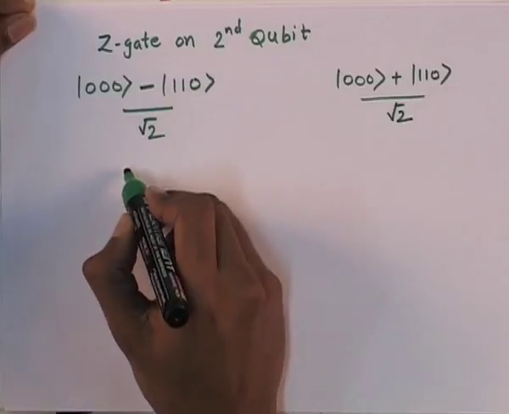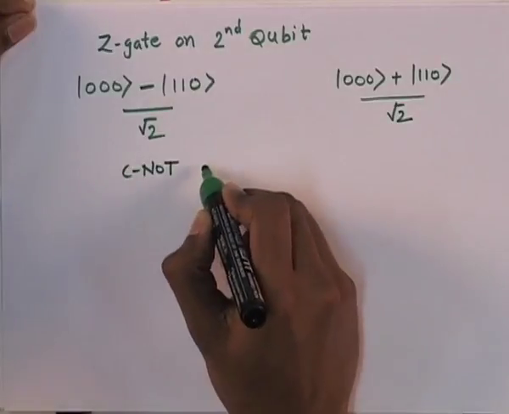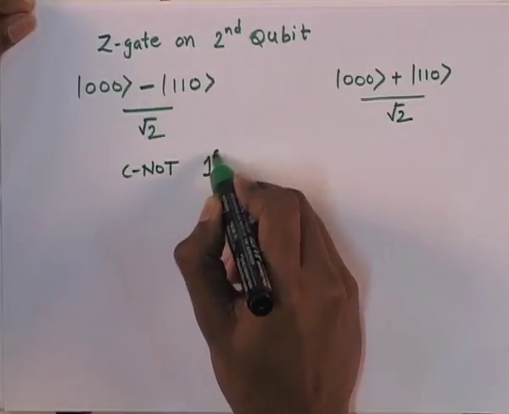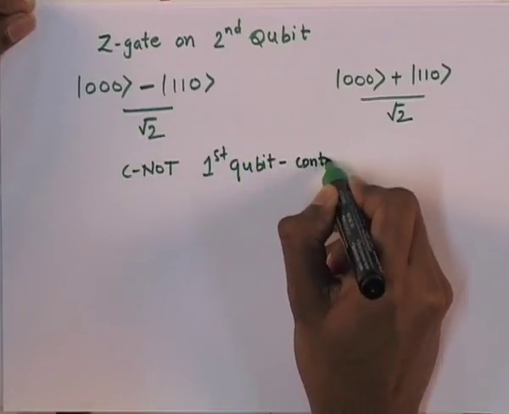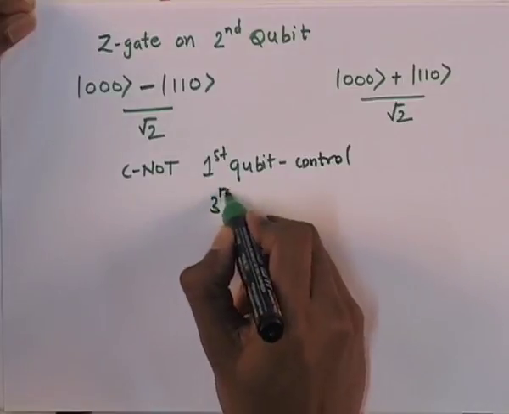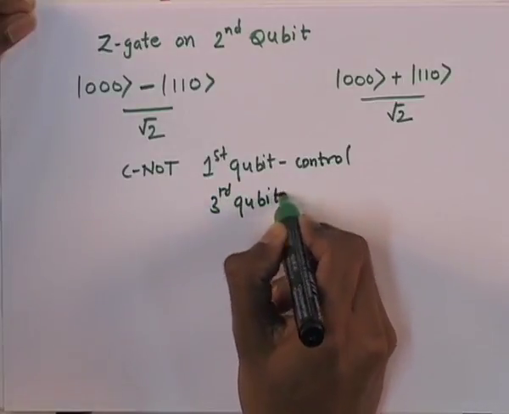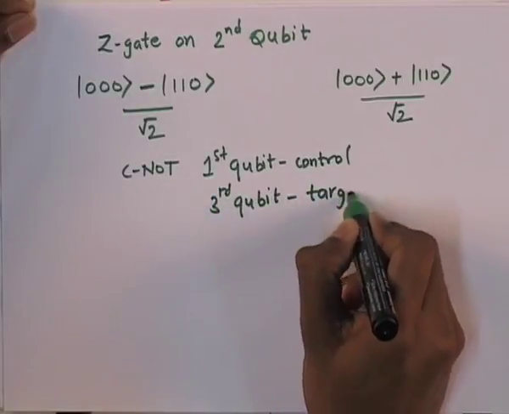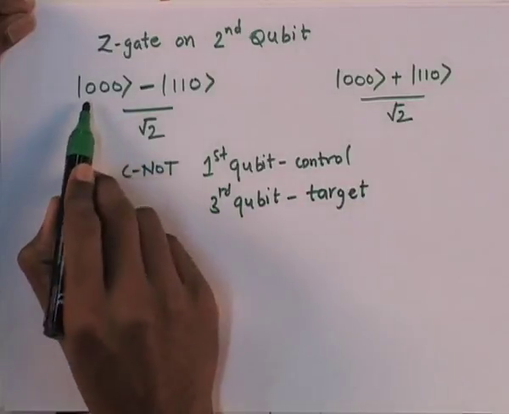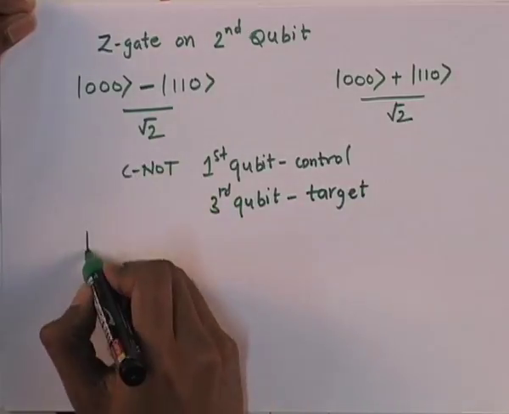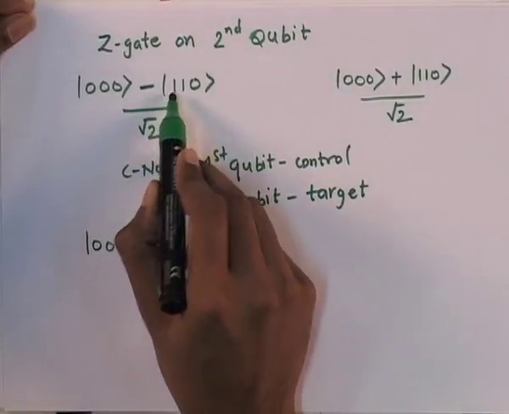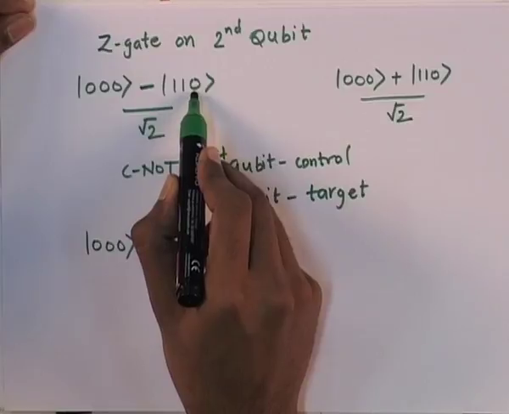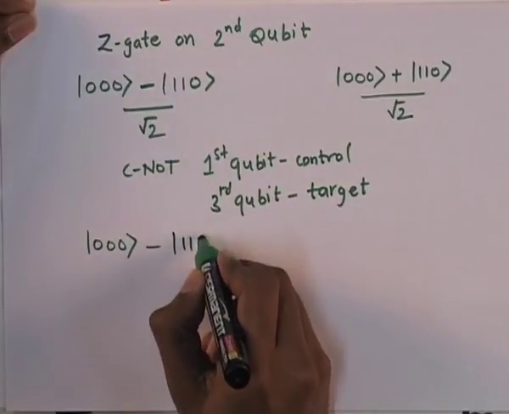and then we have a CNOT operation where the first qubit is control and the third qubit is target. So, as the control bit is 0, this state does not get altered. As the control bit is 1, the target bit gets flipped, 111.